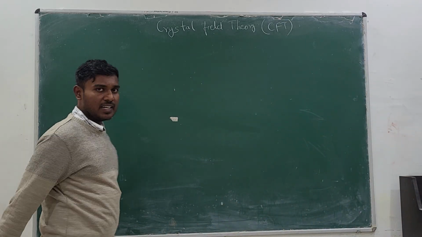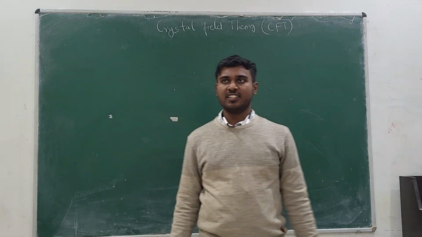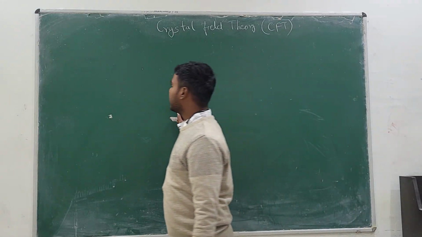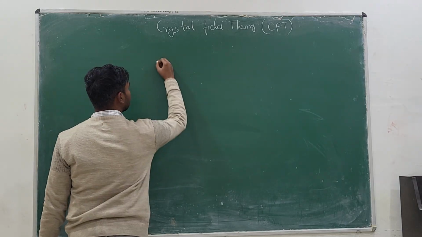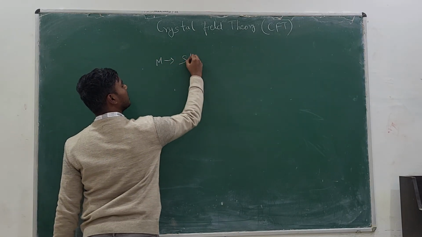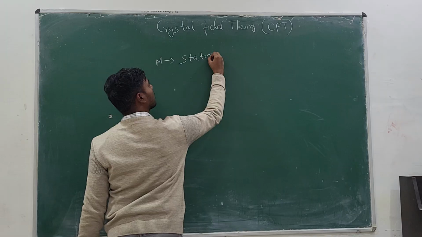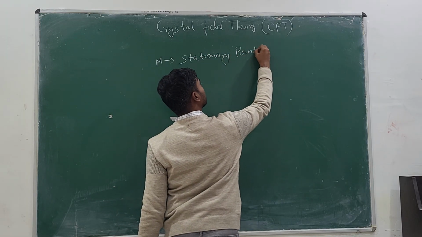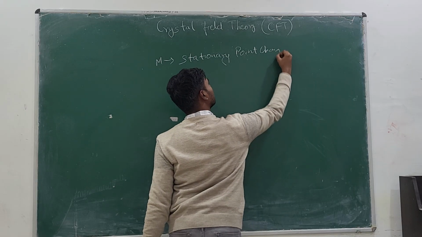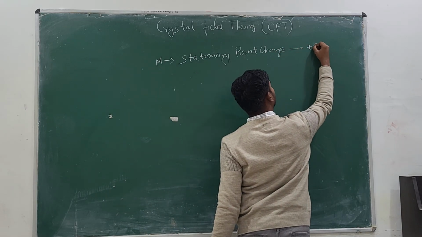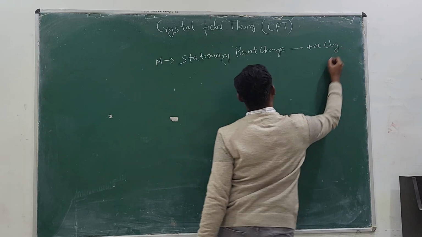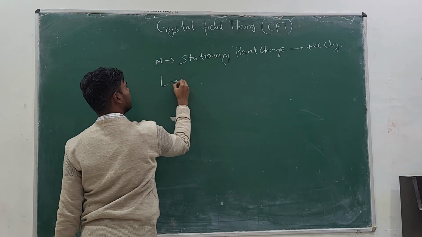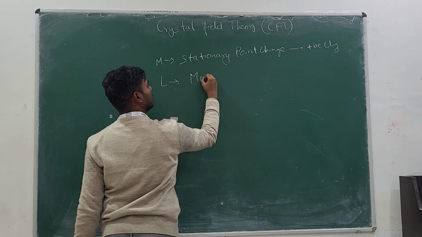So our metal is considered as a stationary point charge, which is a positive charge, and our ligand is considered as a moving charge.